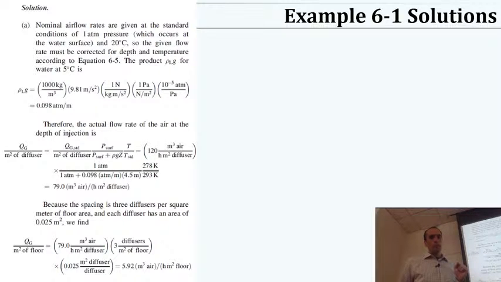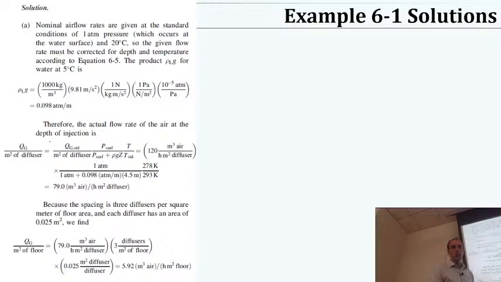Okay, so then that's equation 6.5. We can solve, and the product of our density times gravity will give us 0.098 atmospheres per meter with 4.5 meters depth.